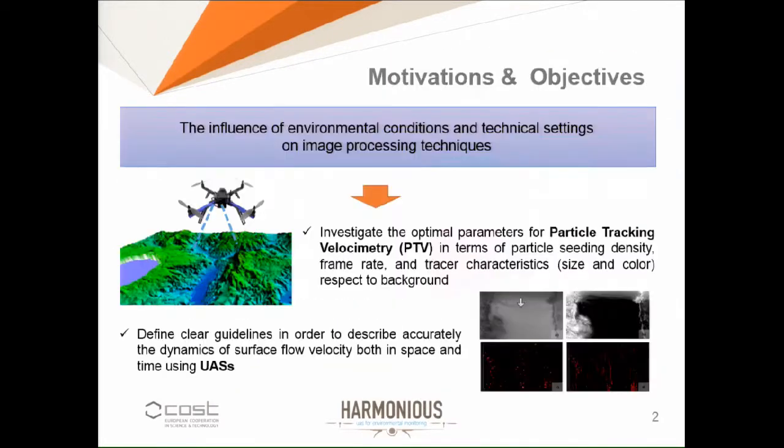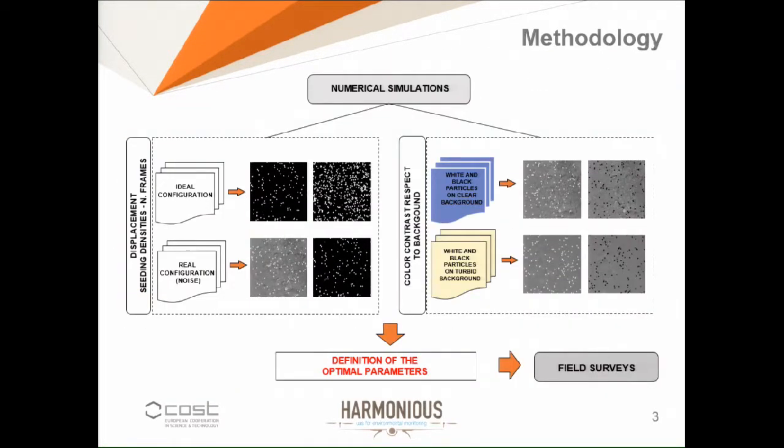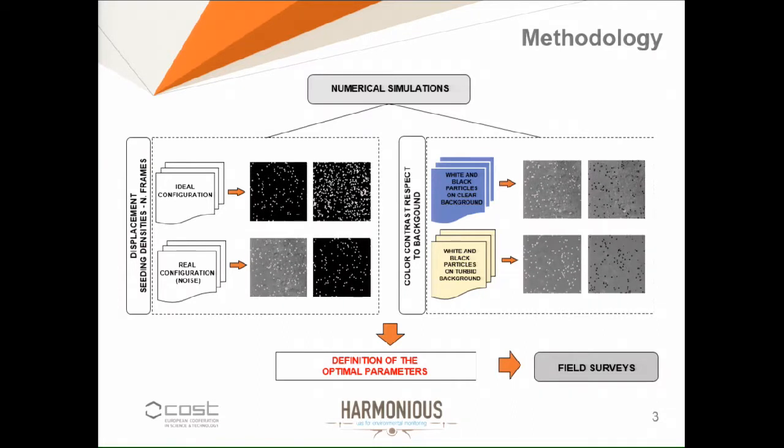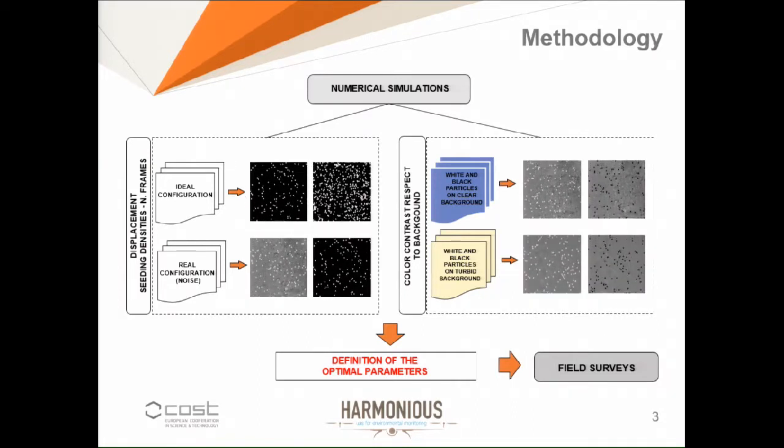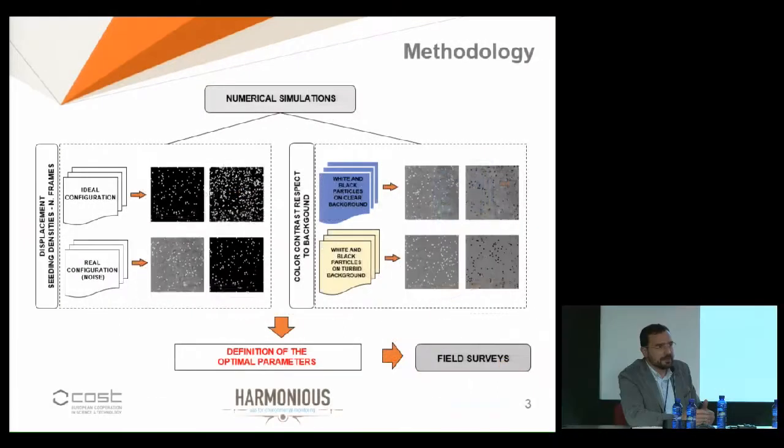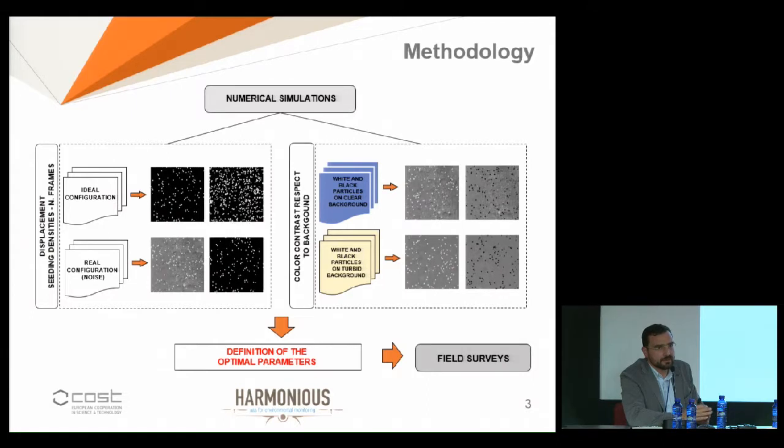In fact, we observed this strong dependence between density and also frame rate and number of frames to reduce the total error of the technique because the method essentially identifies the moving particles in each frame, and from one frame to the other estimates the velocity vectors associated to the movement of each particle.